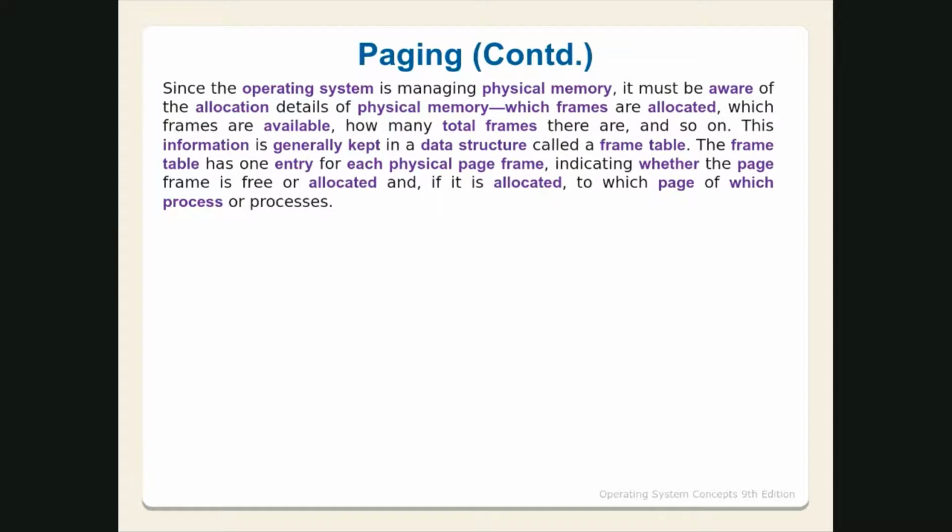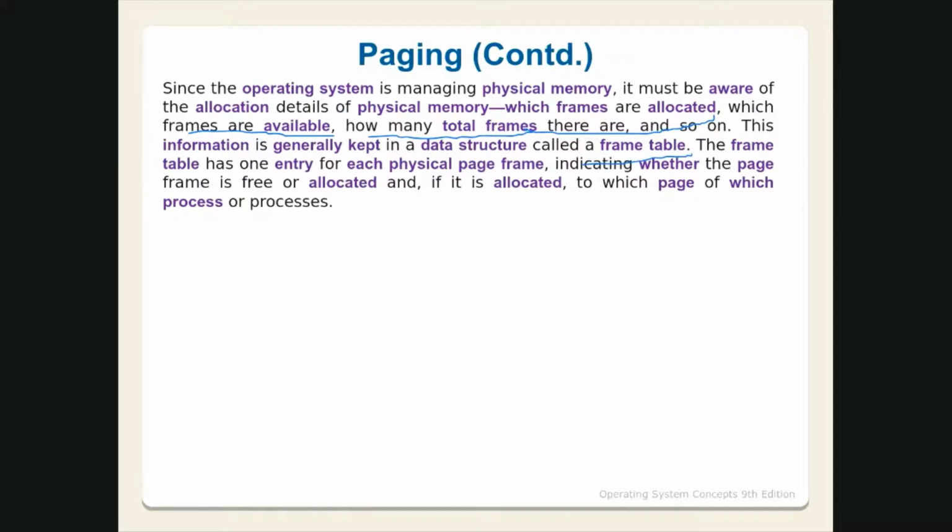So the operating system, this was the one I was telling you before, should be aware of certain things. What are the certain details? It needs to know which frames were allocated before, which frames are free now, and in total how many frames there are, and so on. So where are these details kept? These details are kept in a table called the frame table.